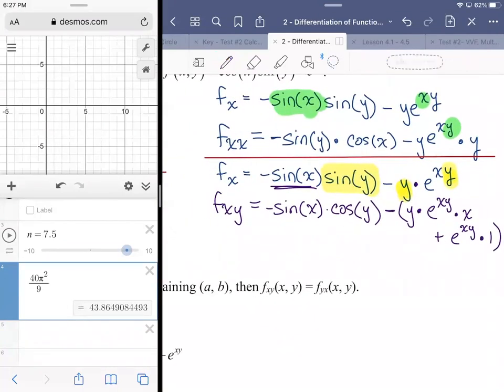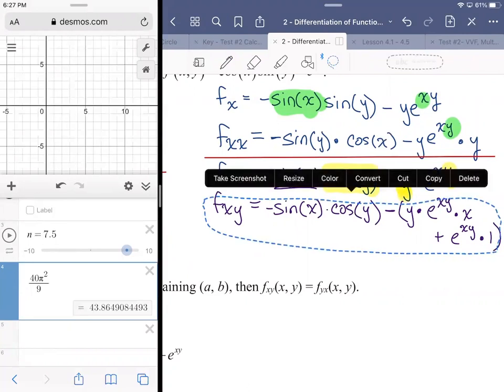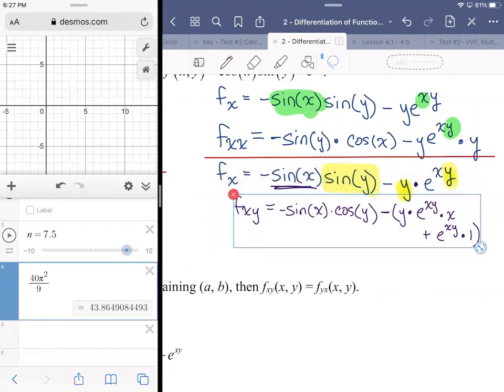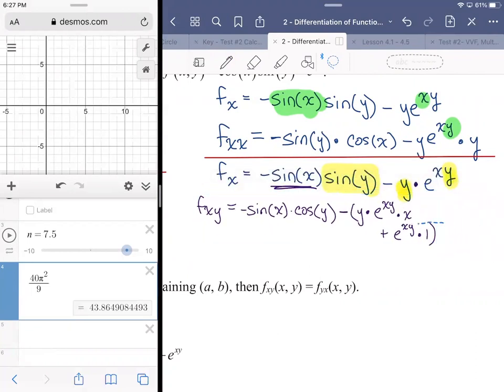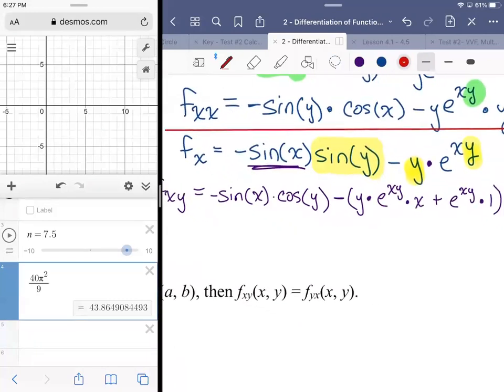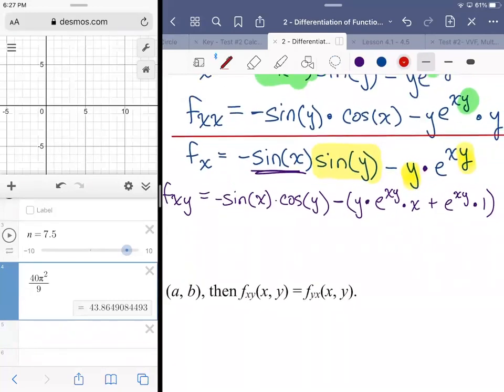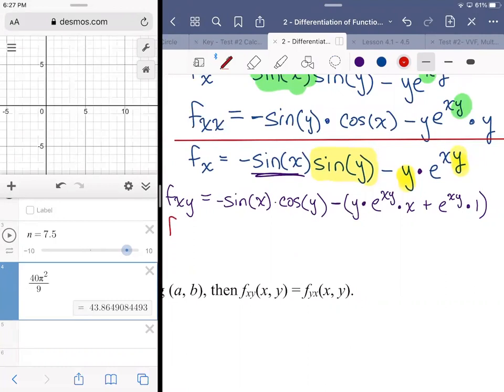But I'm also going to shrink it up a little bit so it fits a little nicer. All right, so that would be my second order mixed partial. And so we can also assume now f sub x, y is going to be the same thing.